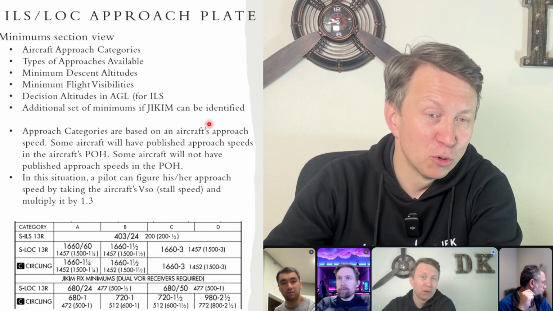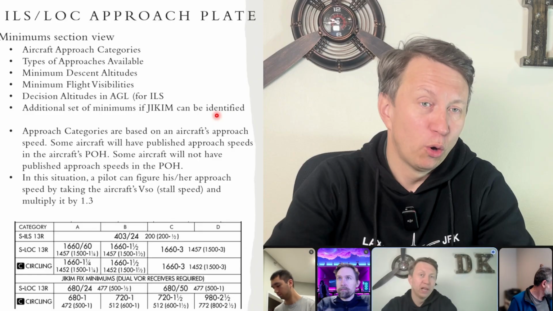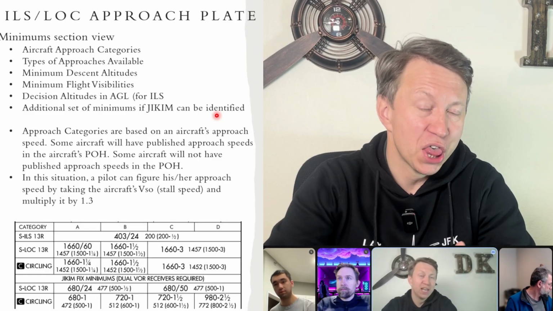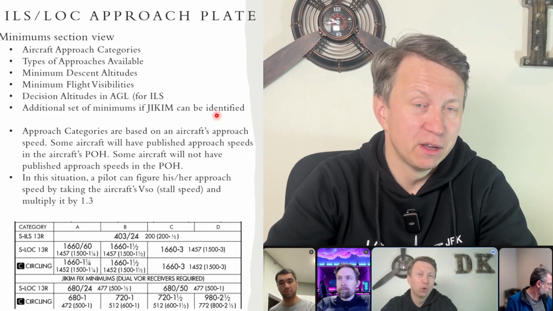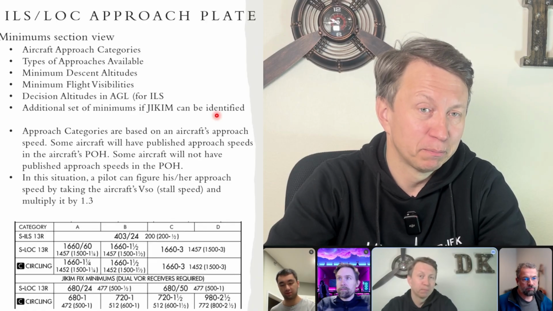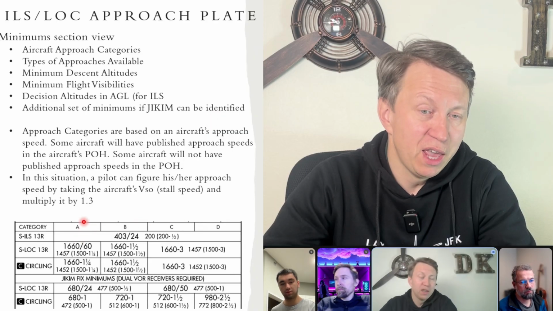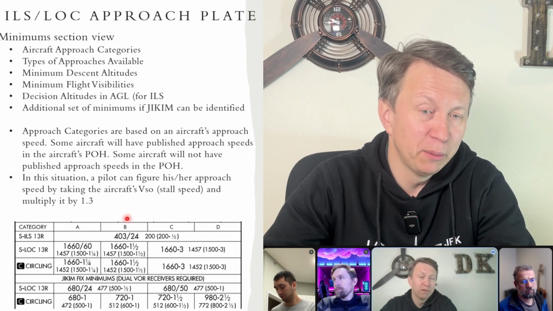Now, probably on to the most important, the minimums section. The approach plate is called ILS/localizer because that is the equipment you are required to have to fly the final approach segment. But in the minimums, now we have aircraft categories. A is VREF up to 90 knots, and B is 90 to 120, I believe.